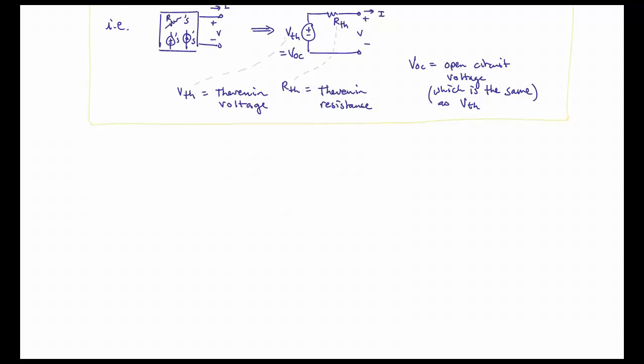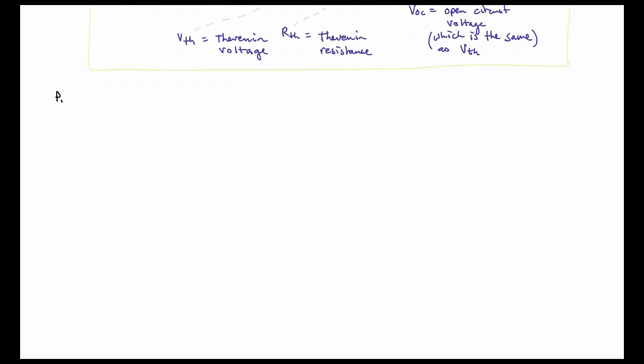Okay, so let's prove it first. I'm going to do a loose proof, but the goal is for you to see where this comes from. We're going to leverage superposition. Remember, rather than draw a circuit, I'm going to go back to this idea of a system that has inputs and outputs.